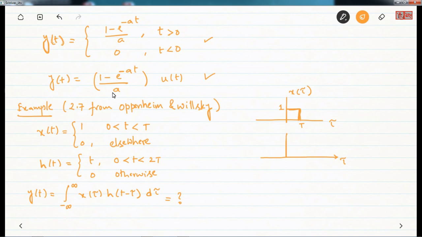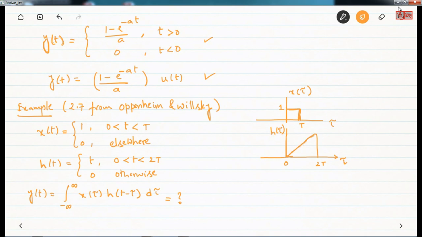So this is 2t, this is 0, and this is h of tau, because between 0 to 2t it is simply t.